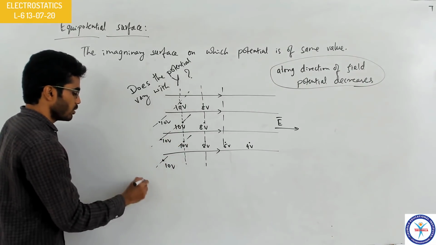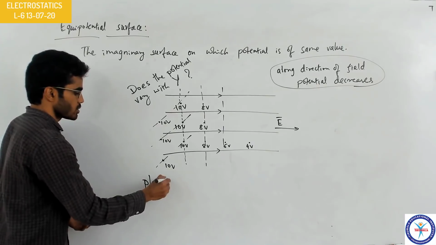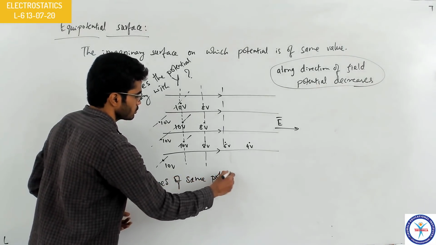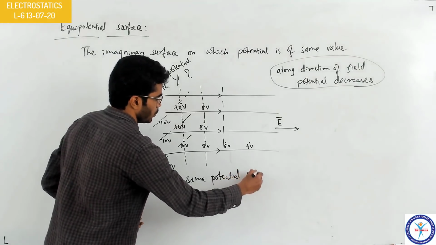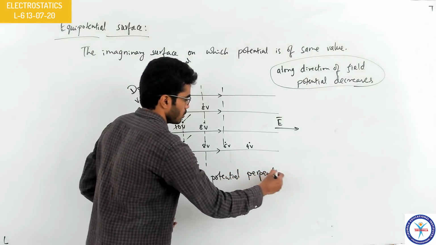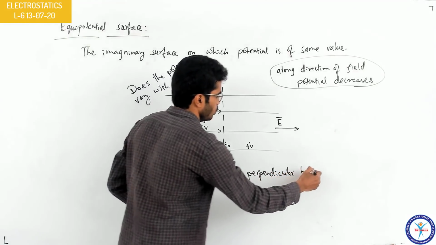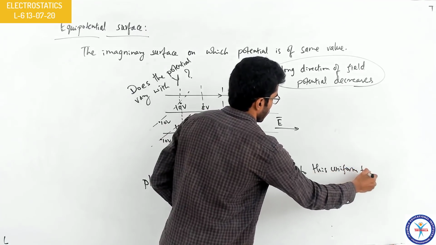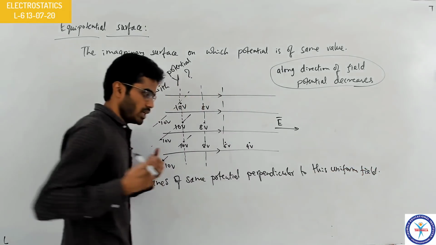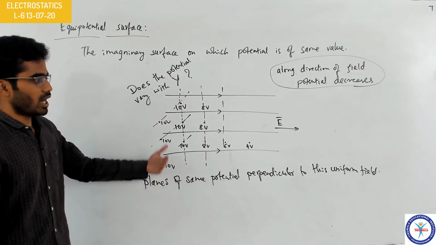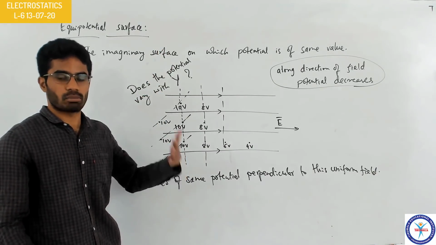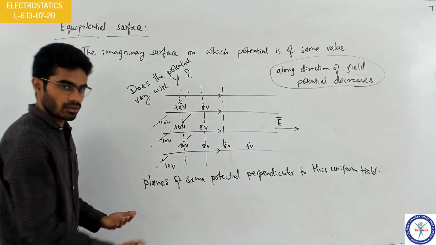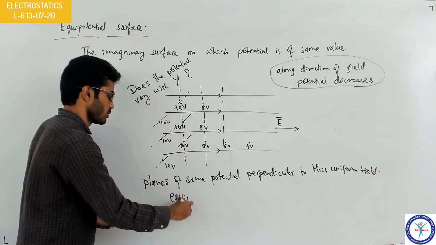So you will have a plane of the same potential, perpendicular to this uniform field. The field is along the x axis. You take an imaginary plane, and that plane will be an equipotential surface in this case.